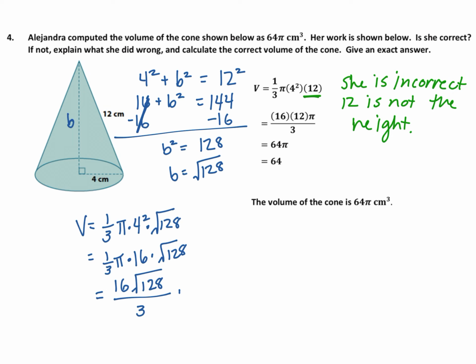So all the things that are getting multiplied can go on the top, and then you can have the 3 on the bottom. Usually we write the pi symbol next to it, but like you see here, you could also write it on the top, and that would be correct as well. And this is in centimeters cubed.